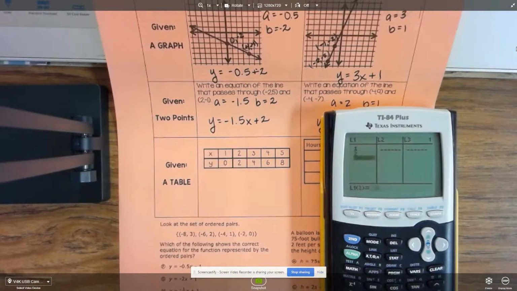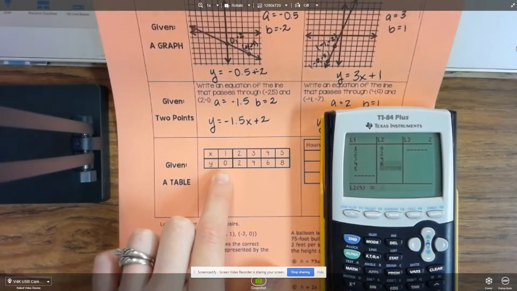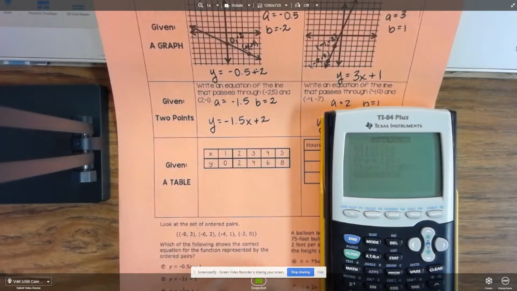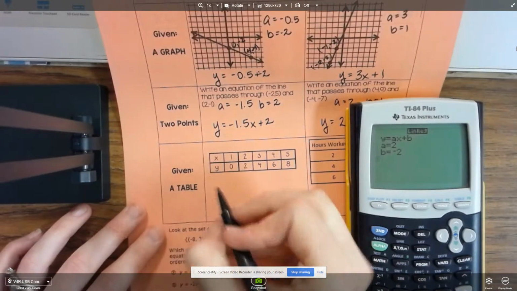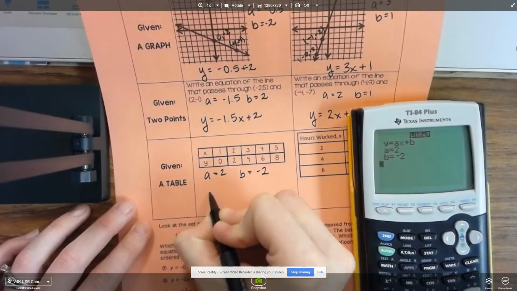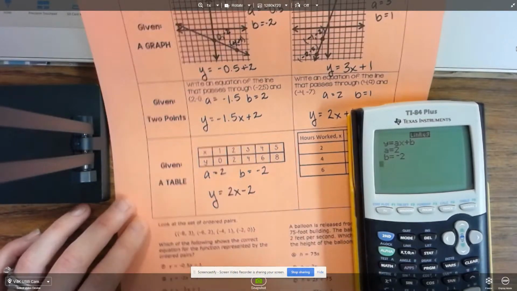The x's go into list 1, and the y's go into list 2. Here I have an a of 2 and a b of -2, so my equation is y equals 2x minus 2.